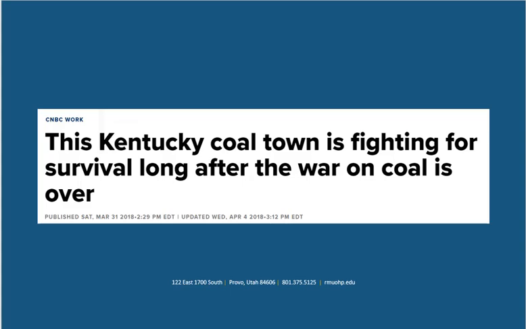So here's an example of a news article. I think there is recognition that coal may not be the best fuel source for the environment.